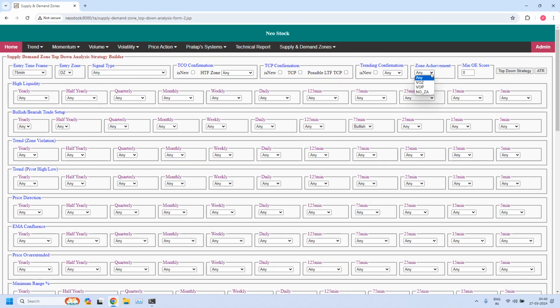And the zone achievement should be violated opposing zone for your demand zone. And minimum odd enhancer score should be 12 for your demand zone. Because you selected 75 minutes time frame, all these filters will be set to your 75 minutes demand zone. Now let's filter.